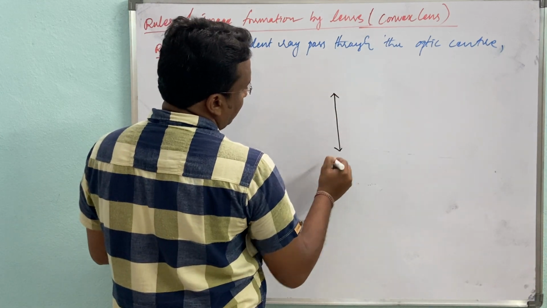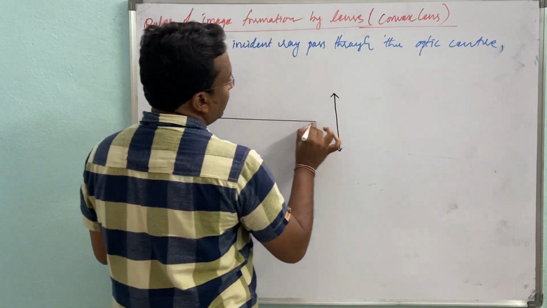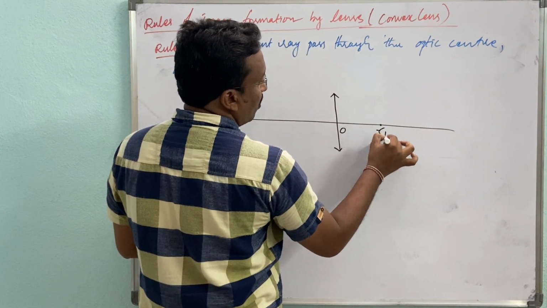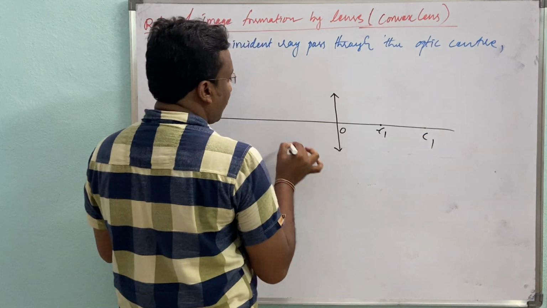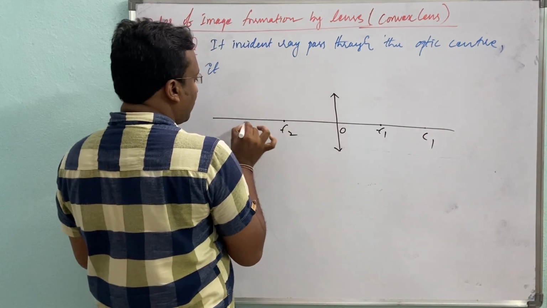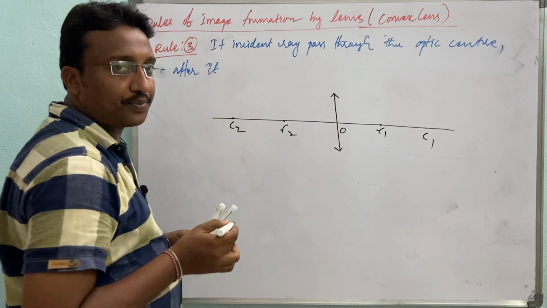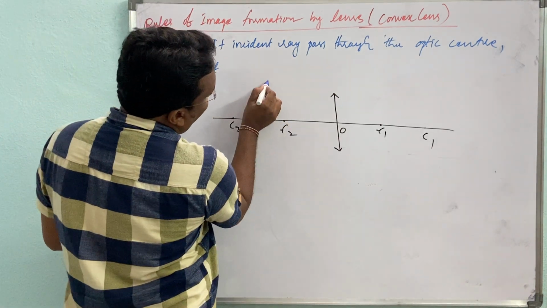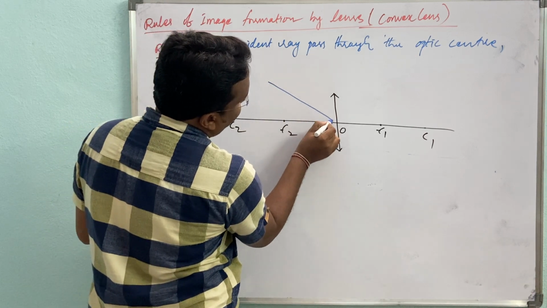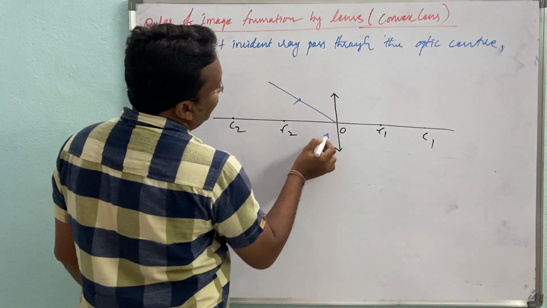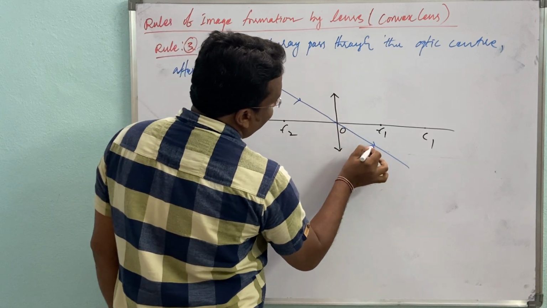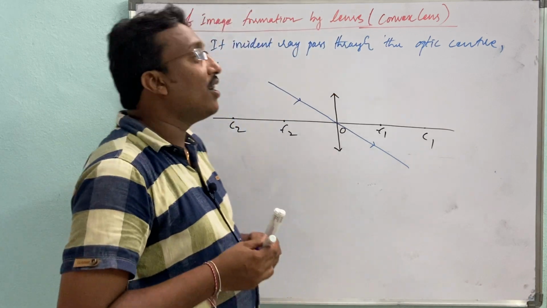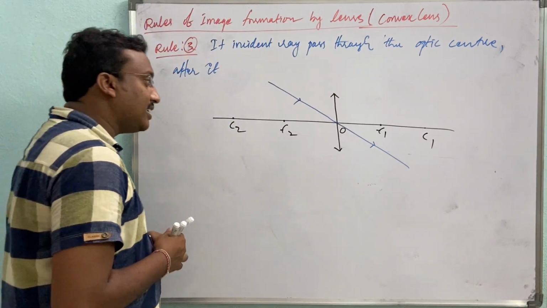Okay, this is a biconvex lens, optic center, focus, center of curvature, focus, center of curvature. Got it? Right. If incident rays pass through the optic center, after that they pass in the same line, so there is no deviation. Got it?